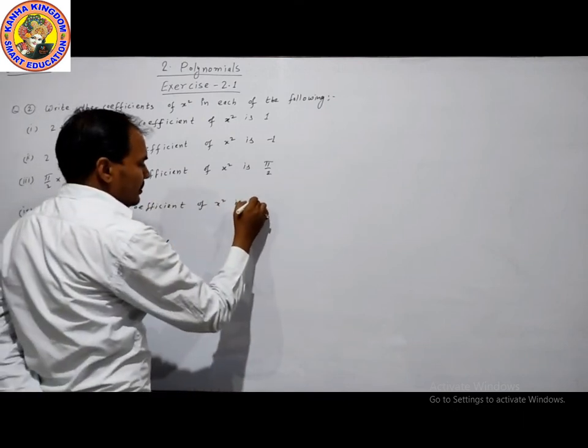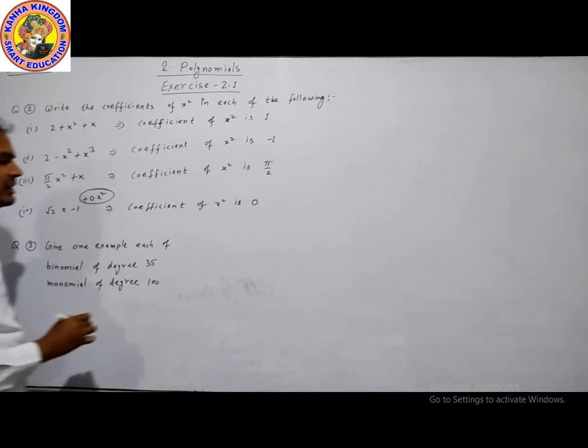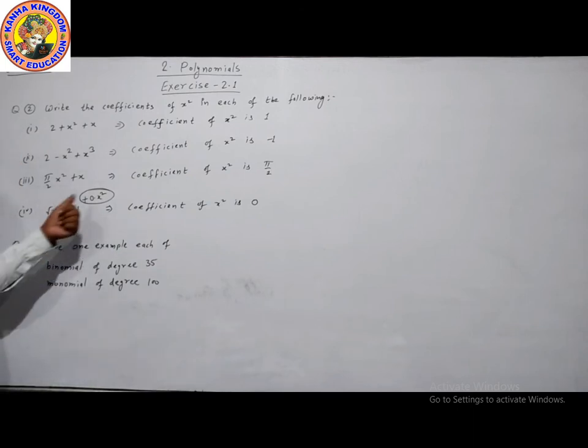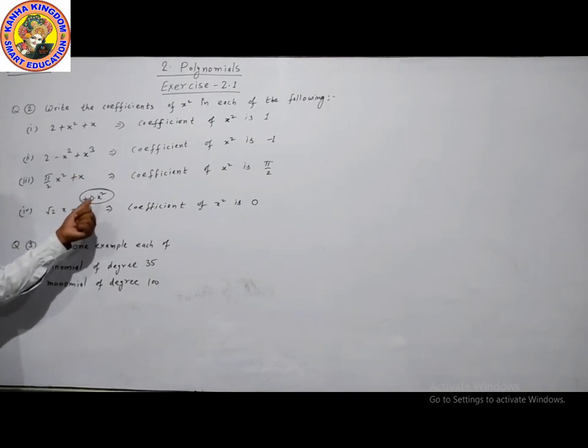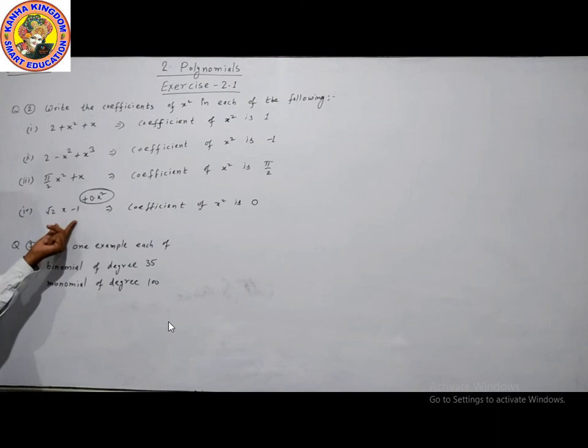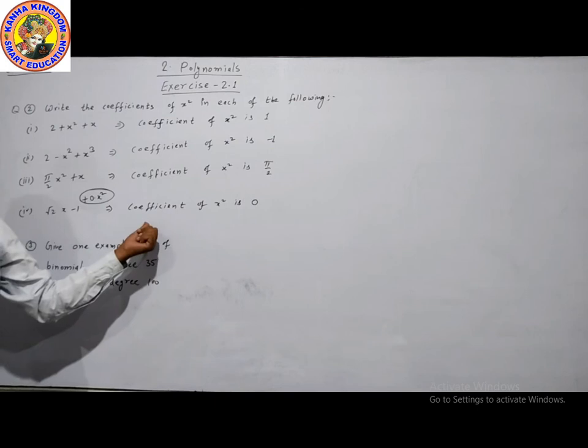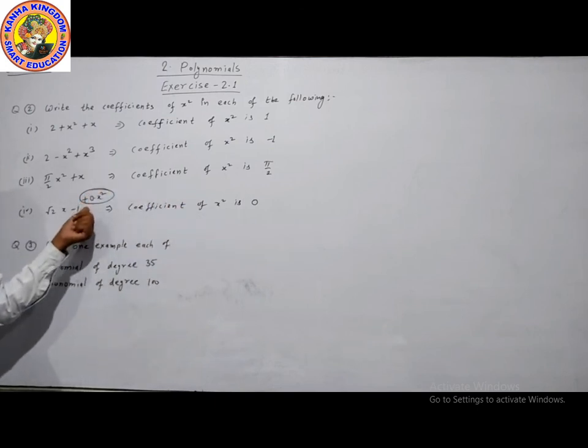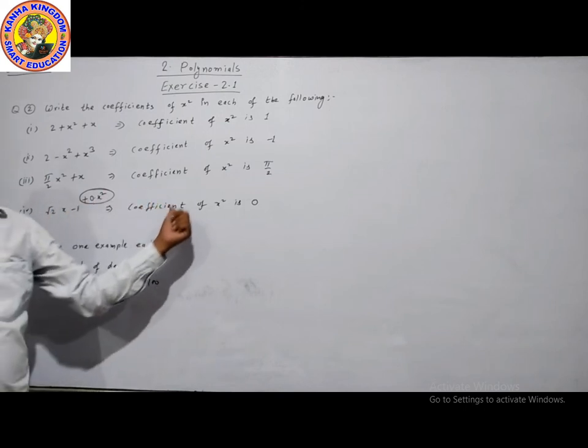If any term is missing in an equation, the coefficient of that term is 0. The coefficient of x cube, there is no x cube, so coefficient is 0. The coefficient of x power 4 is 0 because x power 4 is missing. The coefficient of x square in this equation, there is no x square term, so the coefficient of x square is 0.